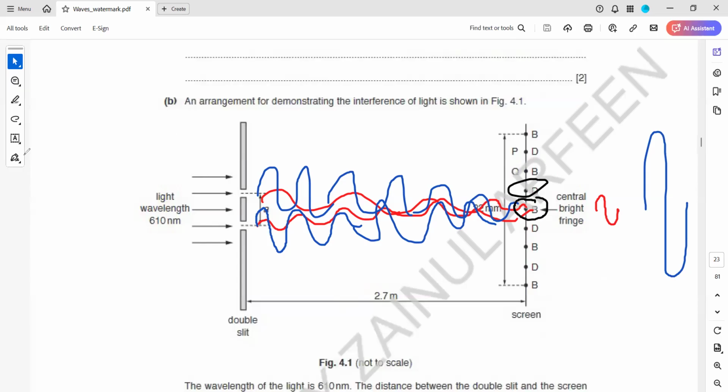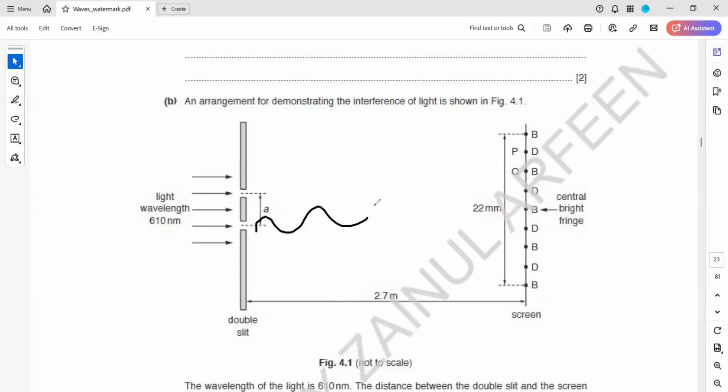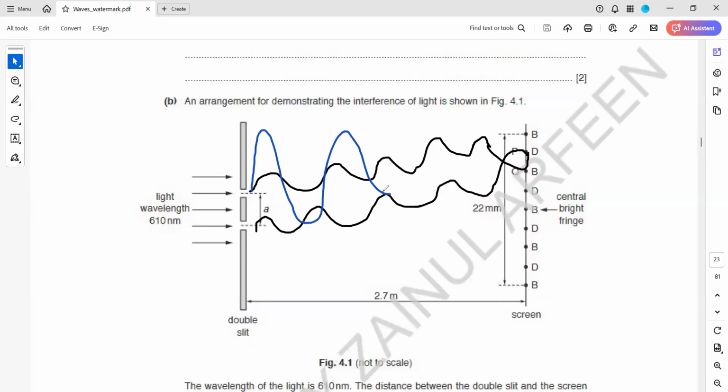So even if a wave of 2 centimeter amplitude meets here and undergoes destructive interference, they cancel out. And a wave of 5 centimeter amplitude meets here and they cancel out the effect of each other.